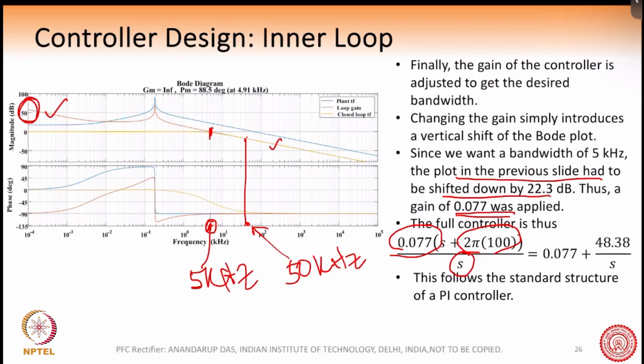The other requirement was that at 50 kilohertz, the switching frequency, the gain should be very small, so we have kept the crossover frequency around 5 kilohertz. And if you operate in this region, the phase margin is at least 60 or 70 degrees. That much phase margin is present in the plot.